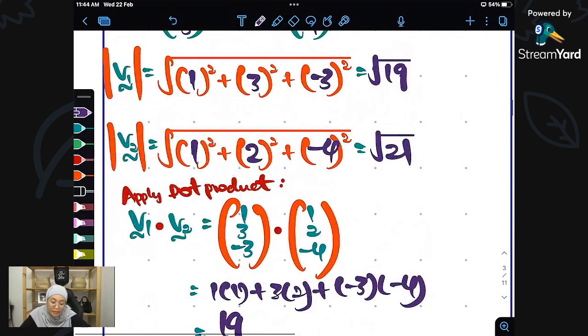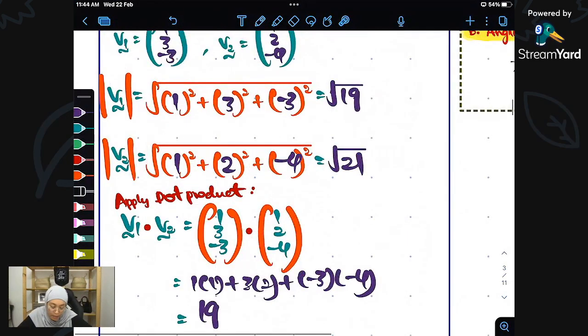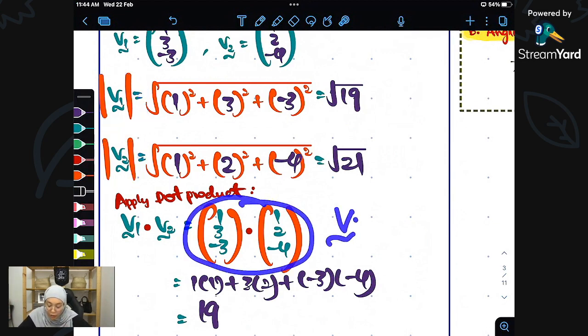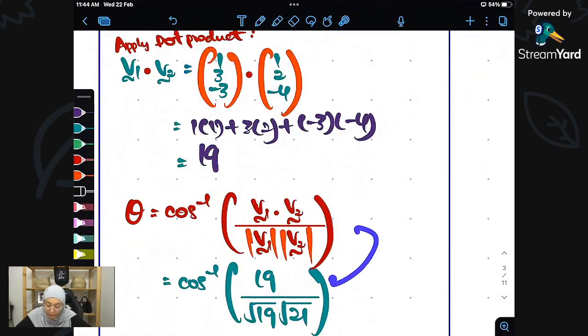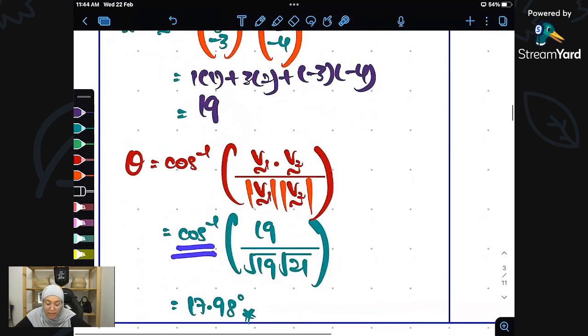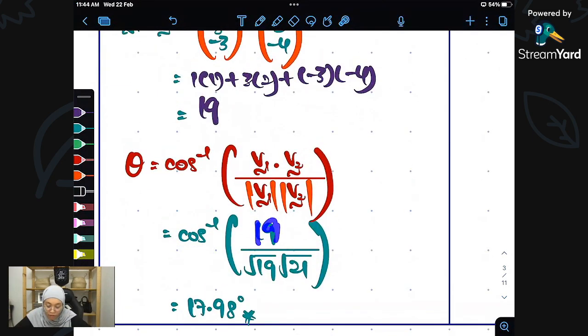So we have everything now: the magnitude of V1, the magnitude of V2, and the dot product of V1 with V2, which is 19. So we can substitute into the formula: inverse cos of 19 over square root of 19 times square root of 21.